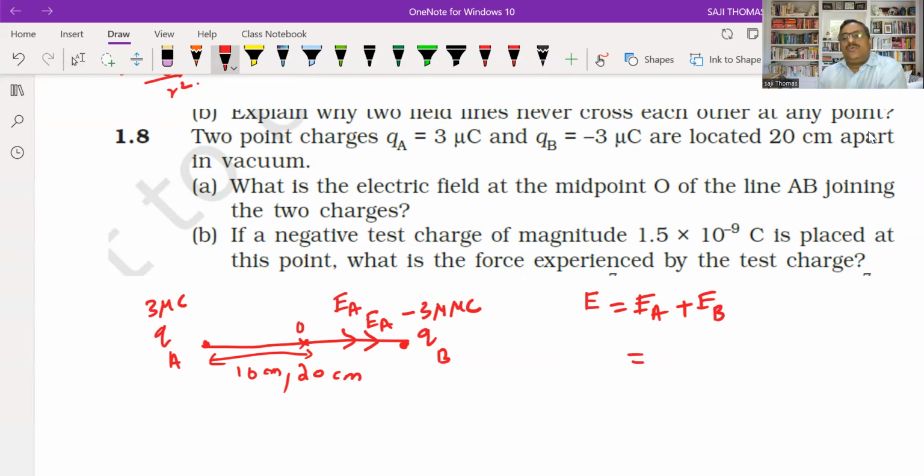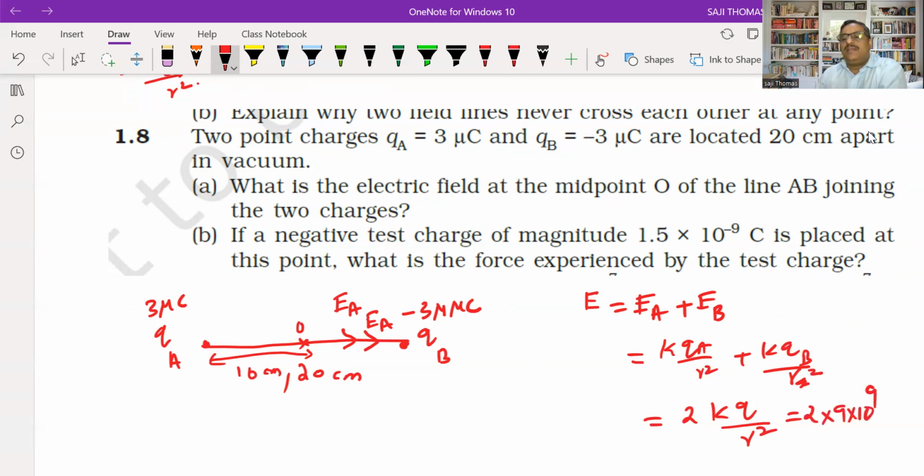Both these fields are the same because the charge magnitude is the same and the distance is also the same. So you can write KQA by R square plus KQB by R square. Magnitudes of the charges are the same, so 2KQ by R square. 2 into K value, you know, 9 into 10 raised to 9.